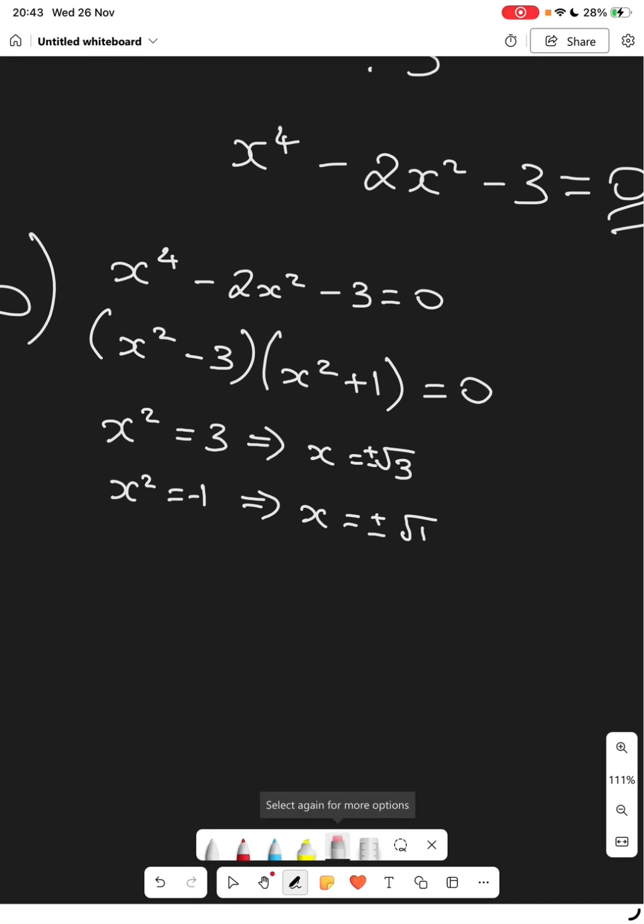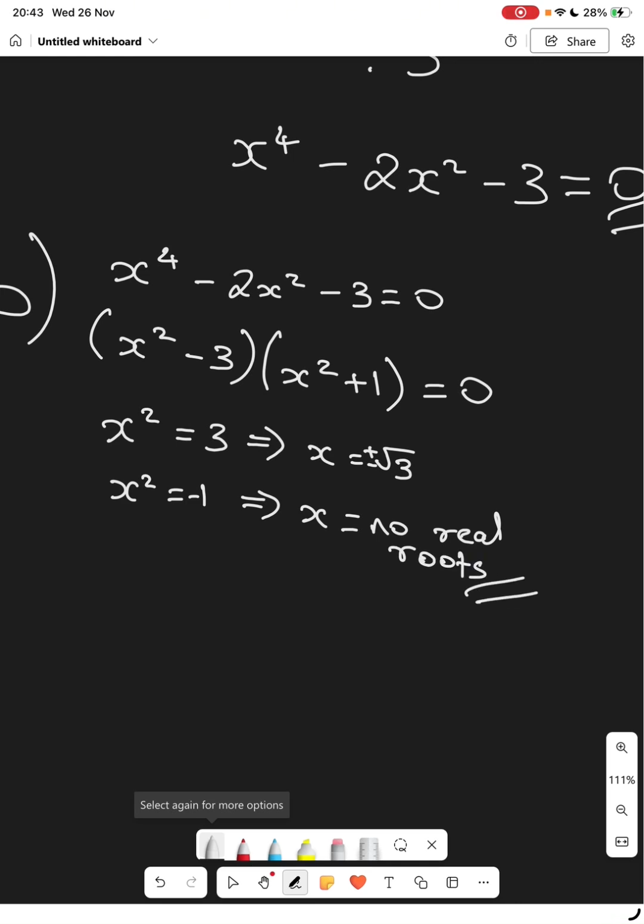That would mean there are no real roots. So there are no solutions. And if you write that, you should get the mark.